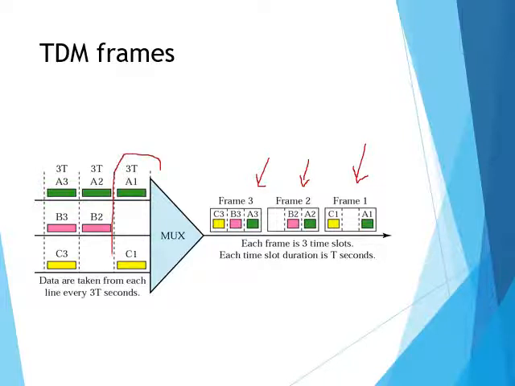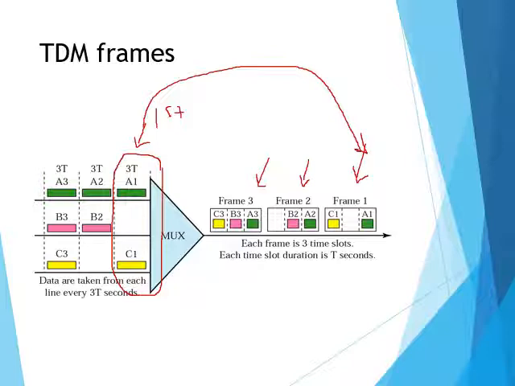Look at the first 3T time. In the first period, the binary data, because the digital signal is in the form of binary, the first bit will be taken to form the first frame.